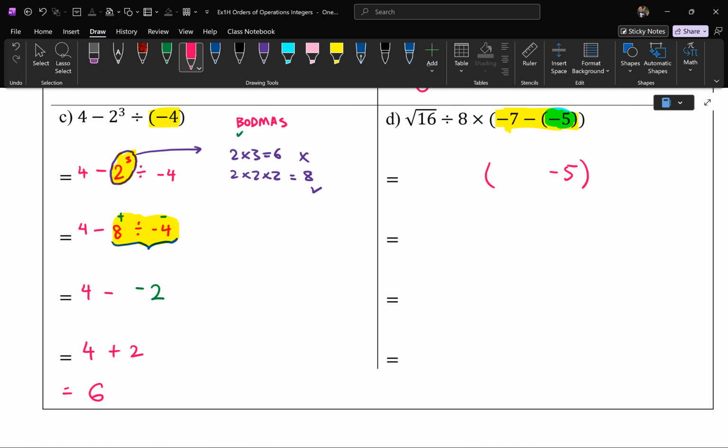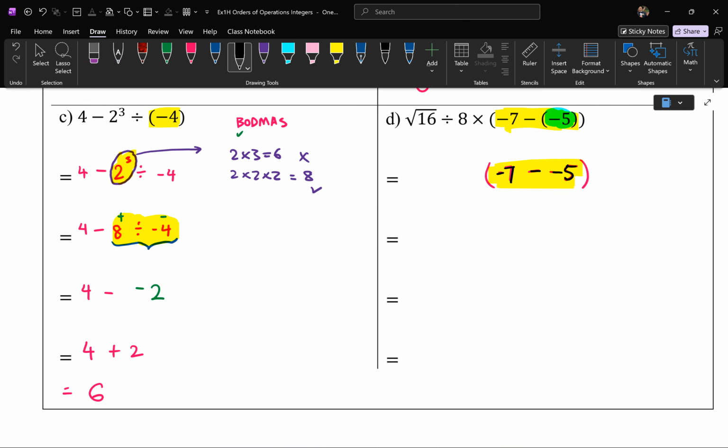Now in the yellow bracket, so I'm going to color yellow here. I still have -7 and I'm subtracting -5. So I'll do it in black so it's a bit easier to see. That's 1E, because we're doing the brackets and the 2 negatives like the positive. Yes, that's 1F. Exercise 1F.